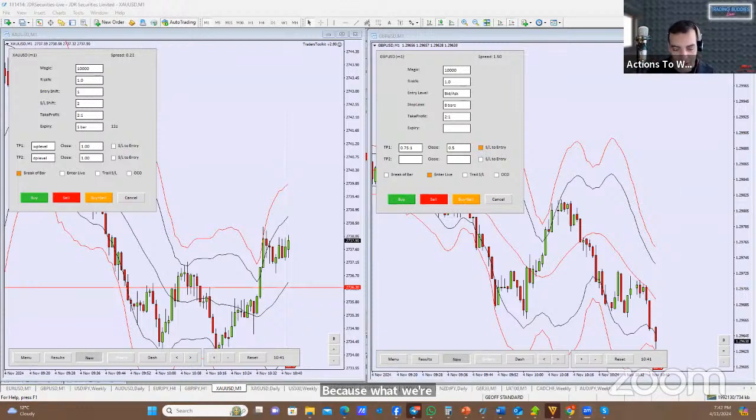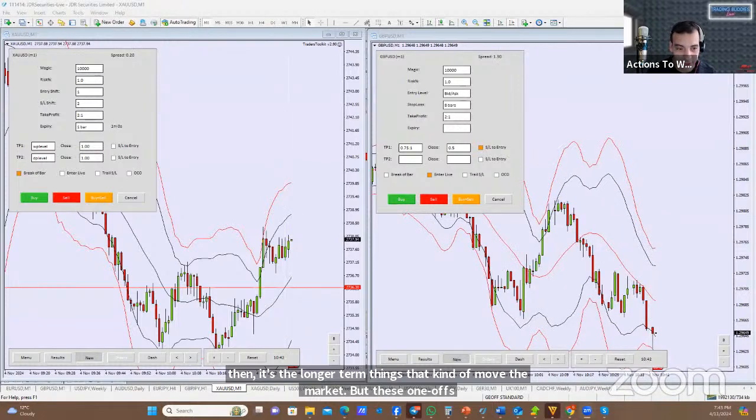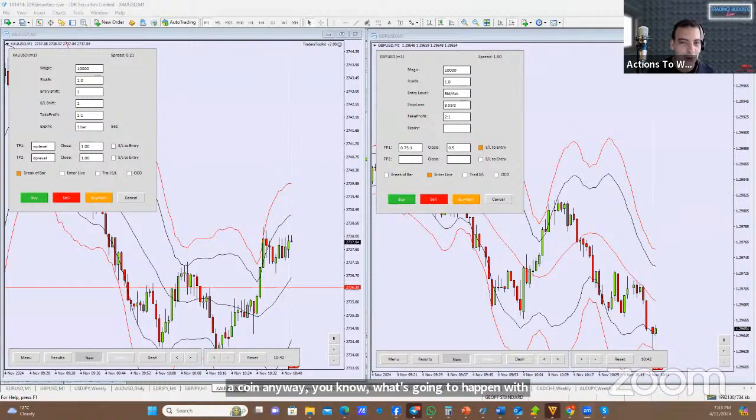Even if you're trading very short term charts, it's the longer term things that move the market. But these one-offs are so difficult, it's a flip of a coin anyway, what's going to happen with the two candidates. I don't really know why anybody would trade through it. And if you look at the market right now, you can see what everybody else is thinking. The market's just not moving.